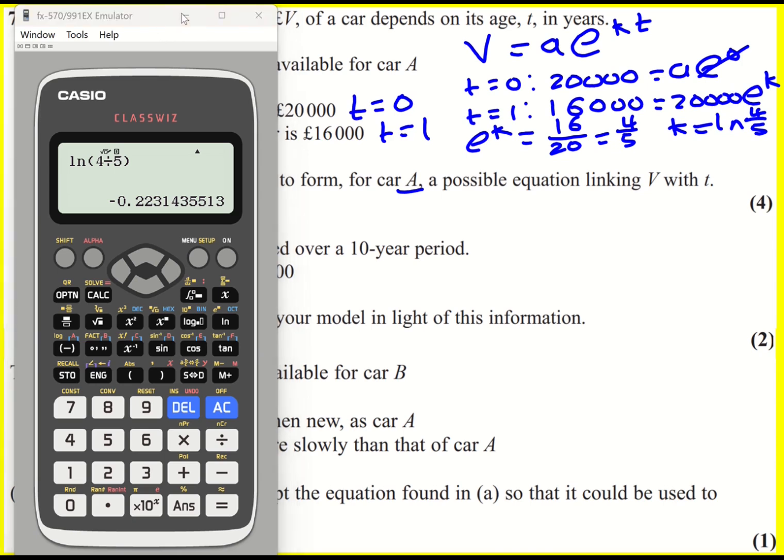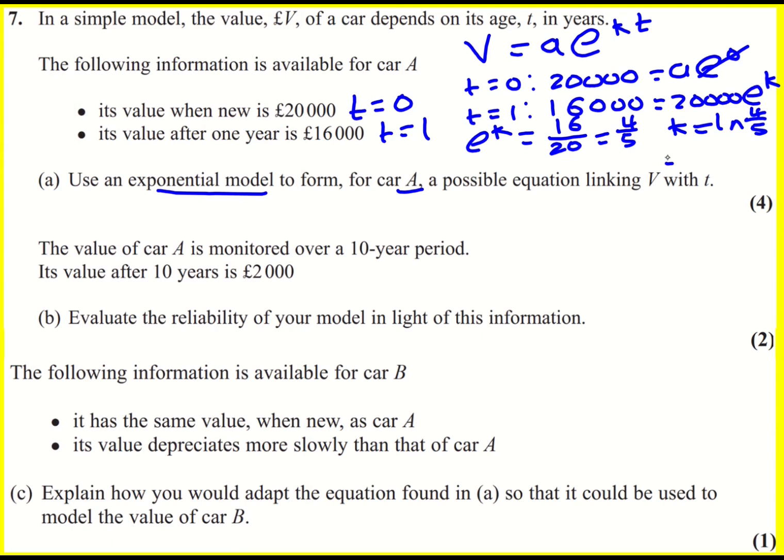So ln 4 over 5 is minus 0.22314. So finally, v is going to equal 20,000 e to the minus 0.223, rounded to 3 significant figures here, times t.